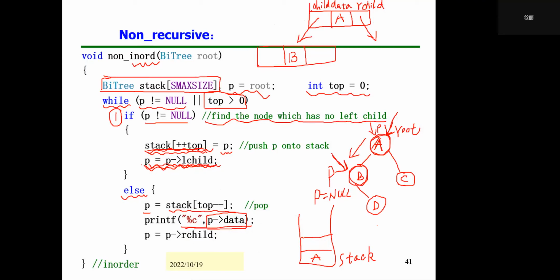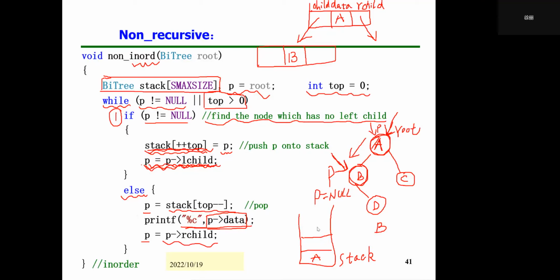we visit B, that means we printf output B. And then we can in-order traverse the right subtree of B, right? Every time you visit a node, you can traverse the right subtree of this node, right? So we will change P to be P's right child.